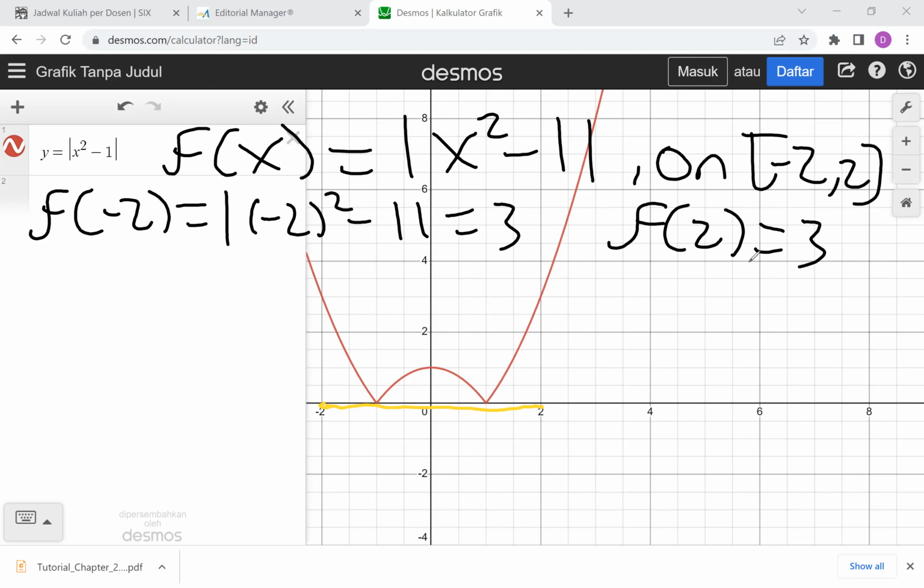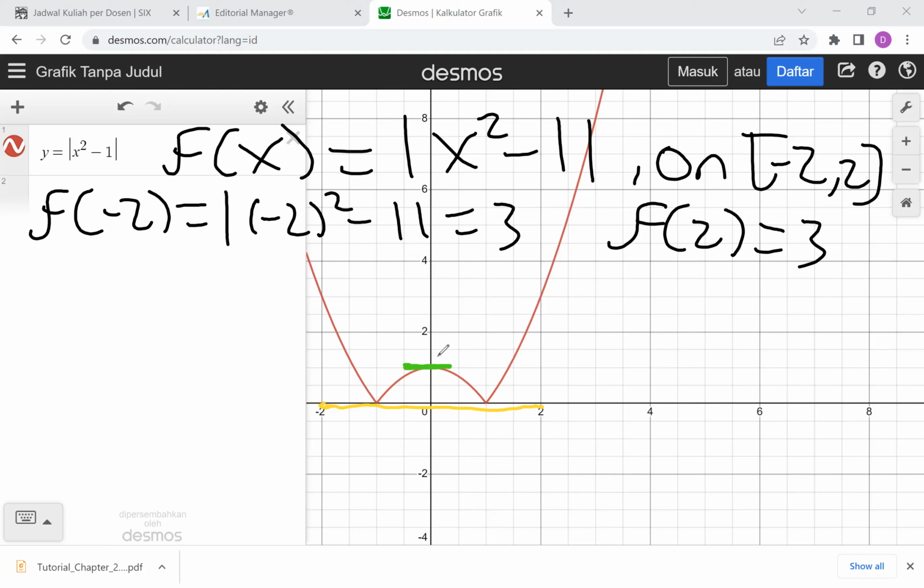And then what is the next step? Find where the derivative of this is 0. And actually, you can take a look at the graph of the function here. The meaning of the derivative being 0 is that the gradient of the tangent line is 0. So in this case, you will have this point.